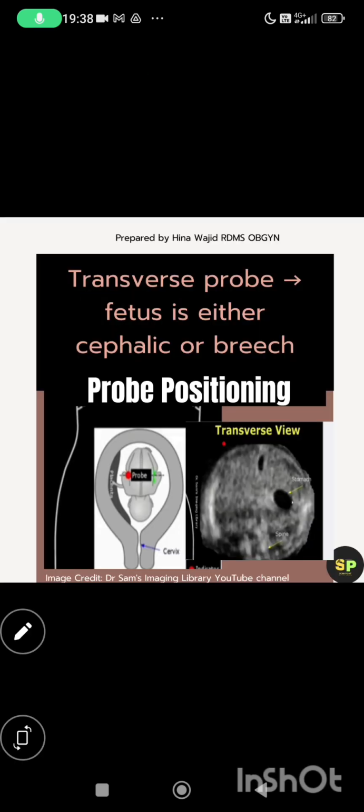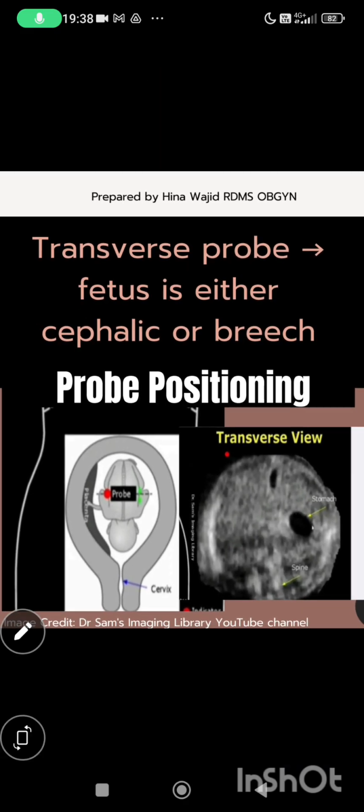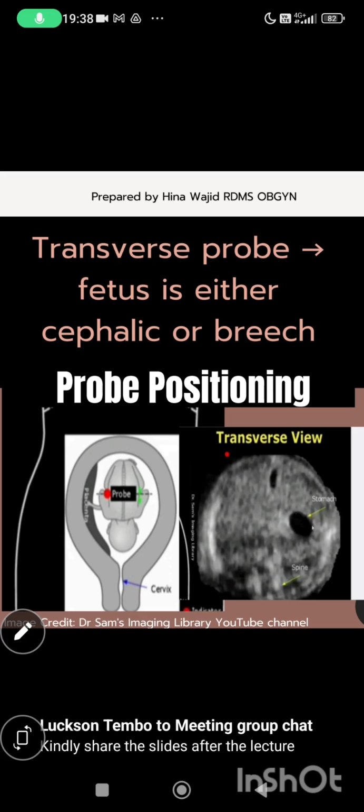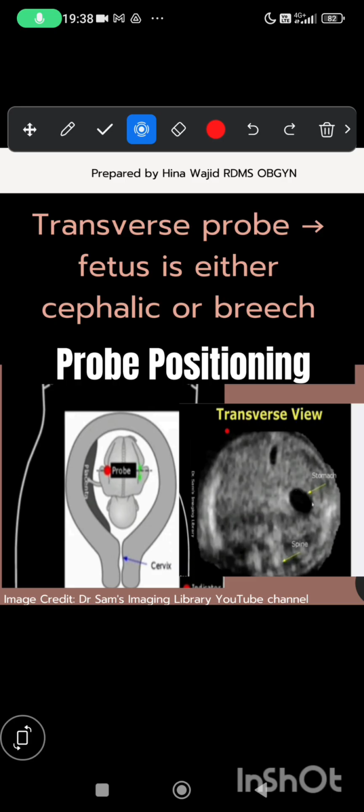Okay, now we are going to discuss the same topic, but now in a much more simplified way. So whenever probe orientation is transverse, and in the exam they give you this type of cross section, transverse means the lie would be longitudinal or transverse? Anyone?